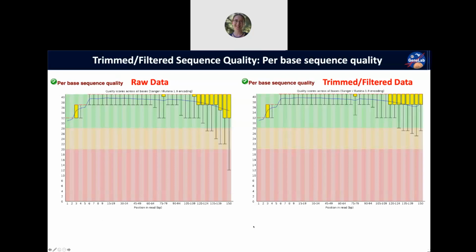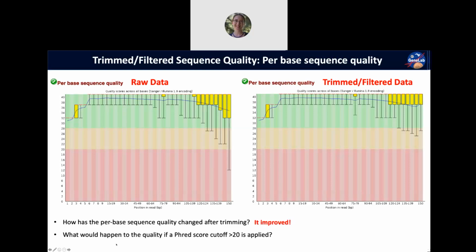So let's take a look at the quality. So the per base quality here. So what do you notice? How has this per base sequence quality changed after trimming? Look better, look worse? Yeah, it looks better. So we're no longer seeing this kind of dip into the below Q20 score, right?